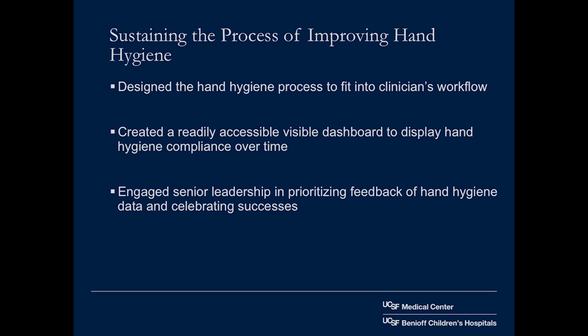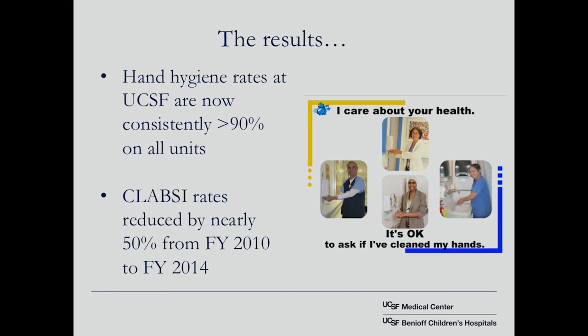And the engagement of senior leadership prioritized hand hygiene as an important organizational objective and helped celebrate successes as hand hygiene rates improved. As a result of this process, our hand hygiene rates at UCSF are now consistently over 90% on all inpatient units.